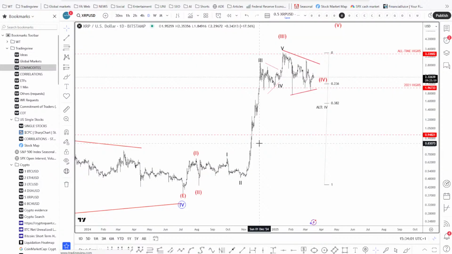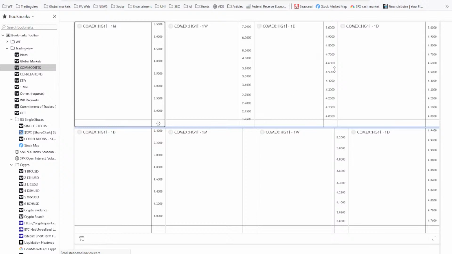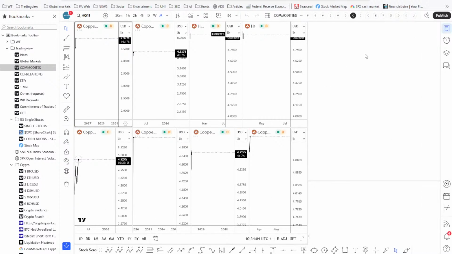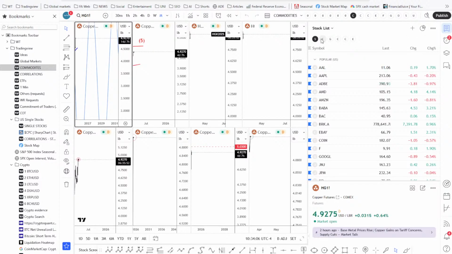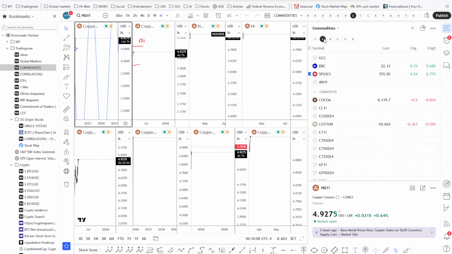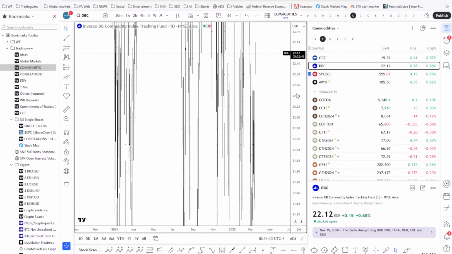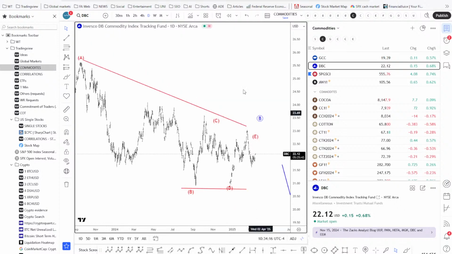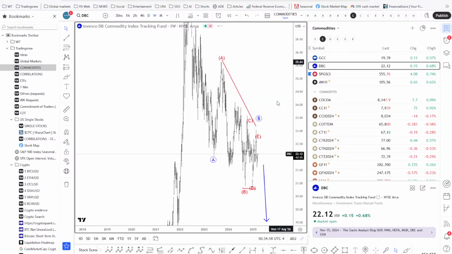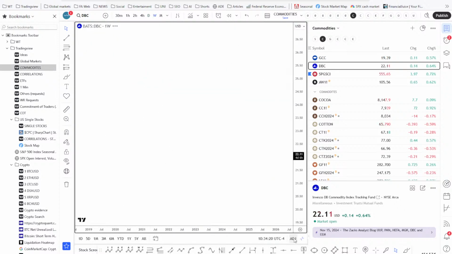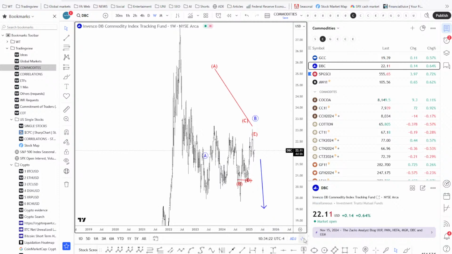If we take a look at the commodity index, I'm covering this one because I've been watching it before. Okay, no, that's not the real one.